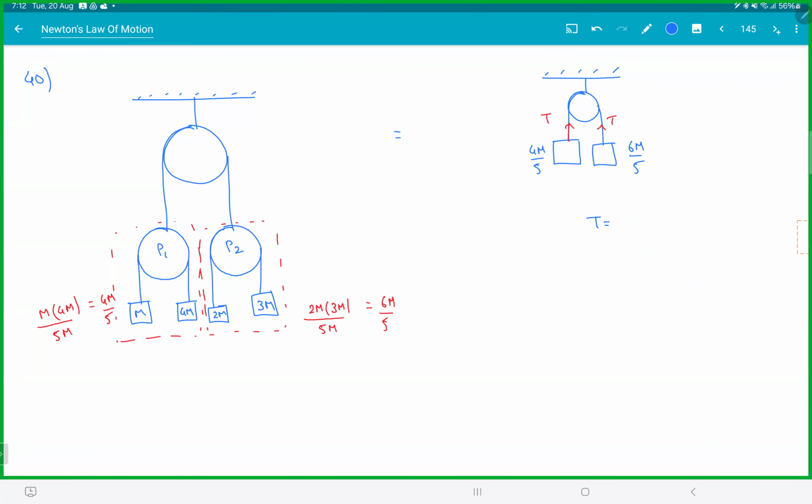That's acceleration, my mistake. 2 m1 m2, so 4m by 5, 6m by 5 by m1 plus m2. How much is that? 6, 4, 24, 48 mg by 25. This is 10m by 2m. 1m will cancel, 2 will cancel. 24 mg by 25. That is the tension in the strings.